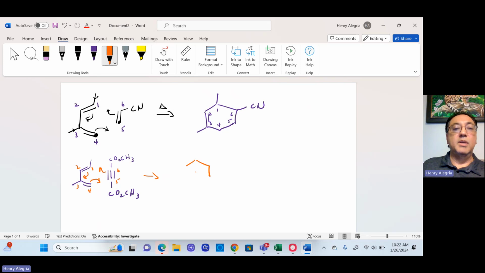So I form my 6-membered ring. 1, 2, 3, 4, 5, and 6. The double bond is between 2 and 3. 1 has an alkyl group, 3 has an alkyl group, and now there's a double bond between 5 and 6 here, and 5 and 6 each have an ester, so therefore my Diels-Alder adduct would be this one.